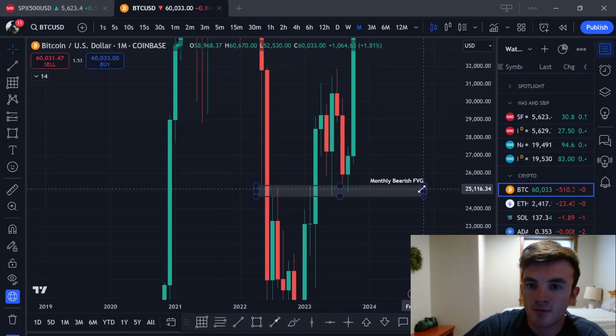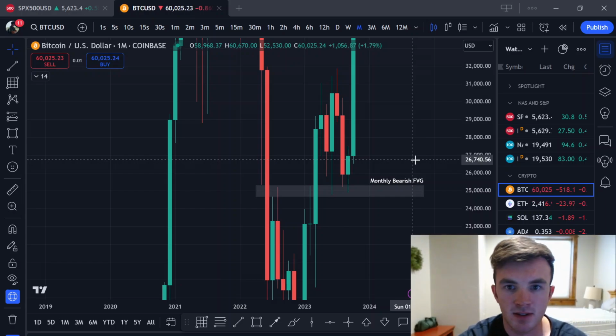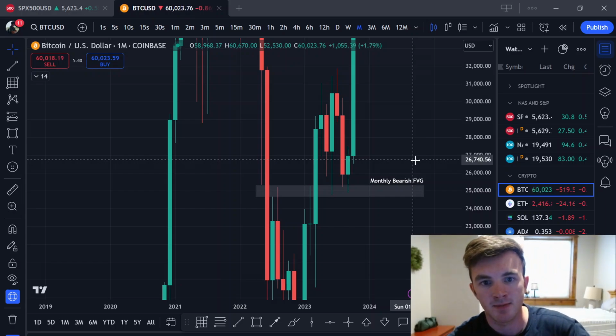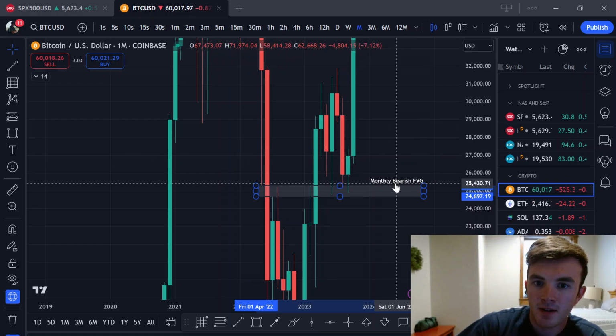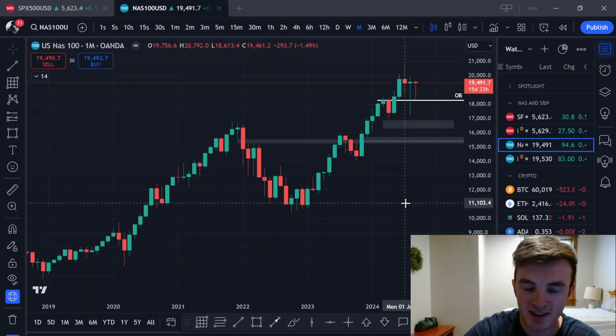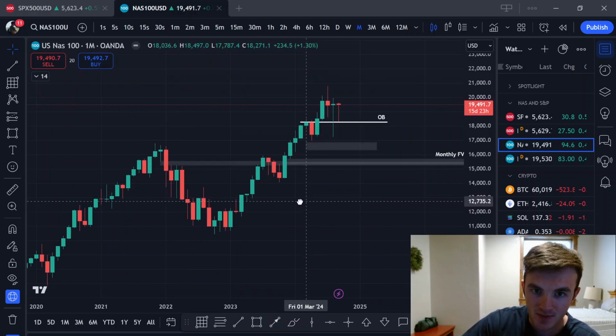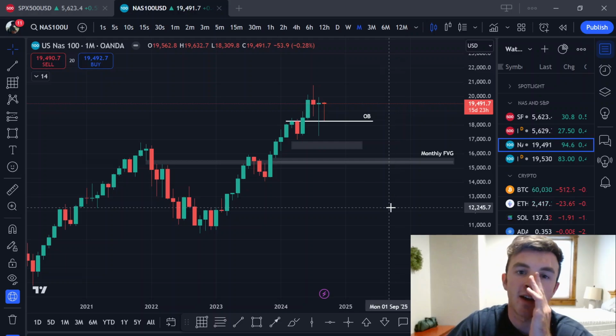I don't know what ICT concept this is. If anyone knows, let me know, but I've seen this work too many times in price action. It's something. Now I could be wrong, it could be just speculation, but I'm pretty sure that is a legit thing. So that aligns exactly with this monthly fair value gap.